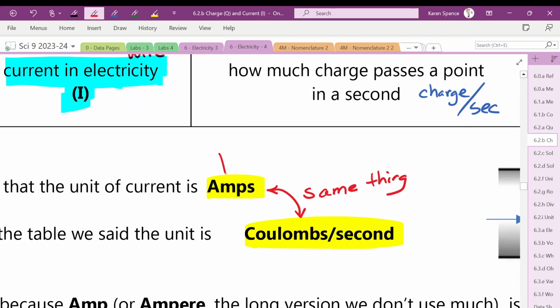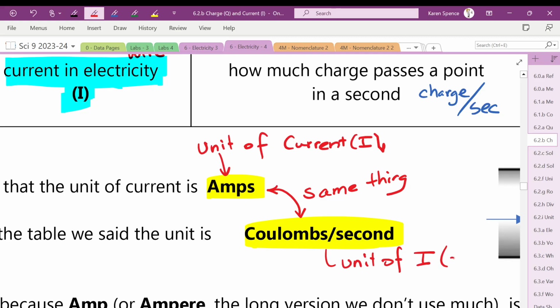Amp is a unit of current. And what's the symbol for current? I. And a coulomb per second is a unit of current.